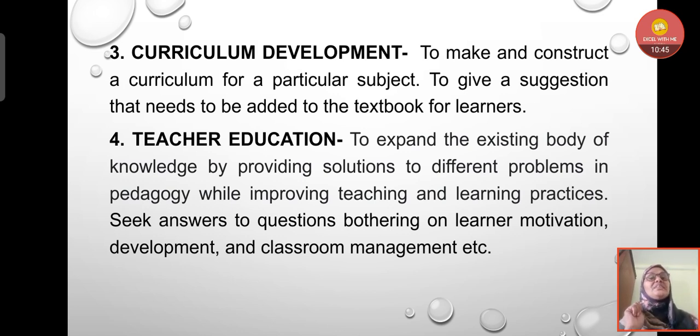Then scope in teacher education, to expand the existing body of knowledge by providing solutions to different problems in pedagogy while improving teaching and learning practices, and also seek answers to questions bordering on learner motivation, development and classroom management, etc. So with the help of educational research, we can solve all these problems.